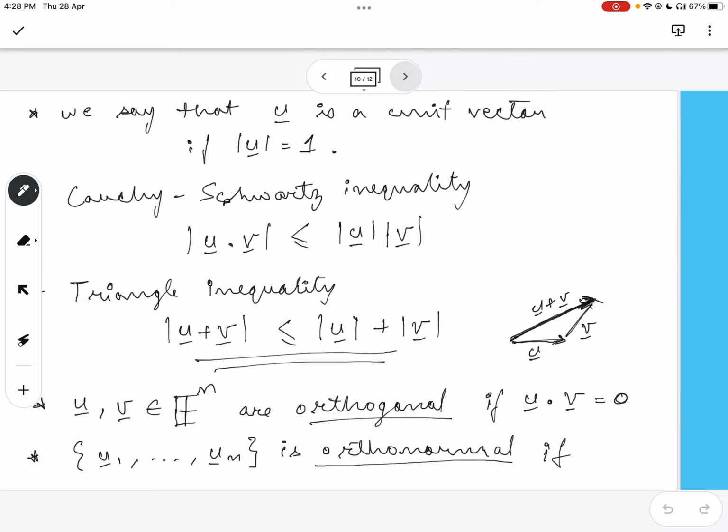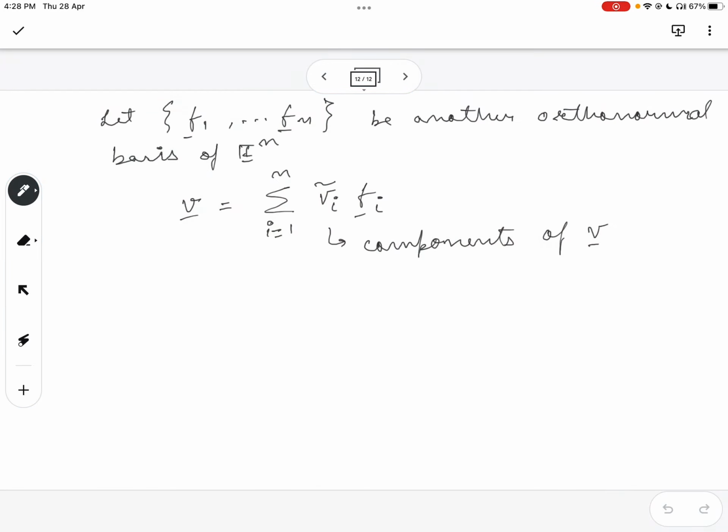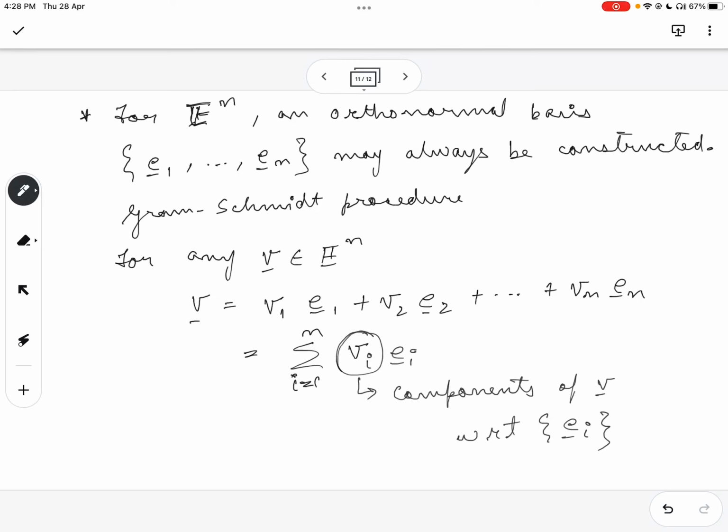So by that proposition, the components with respect to different orthonormal bases will be different. Components of v with respect to fi are different from these vi's, which are components of v with respect to ei.